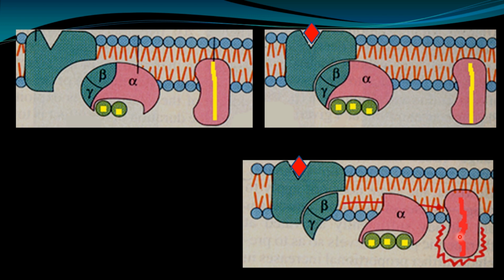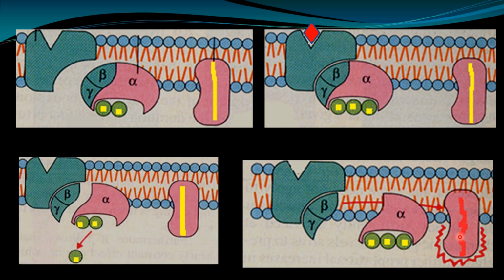When this drug leaves, the receptor is now free, so this G protein again goes back to its original normal position. That is, the alpha subunit goes back and is attached with the beta and gamma subunits, and the guanosine triphosphate is again converted into the guanosine diphosphate, and this resting situation comes back.